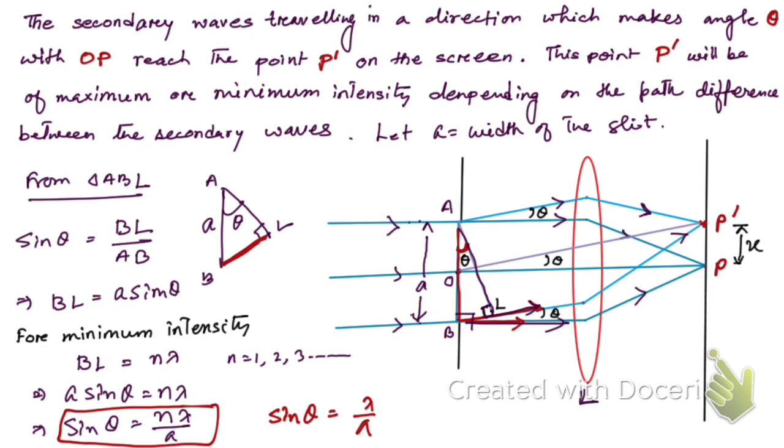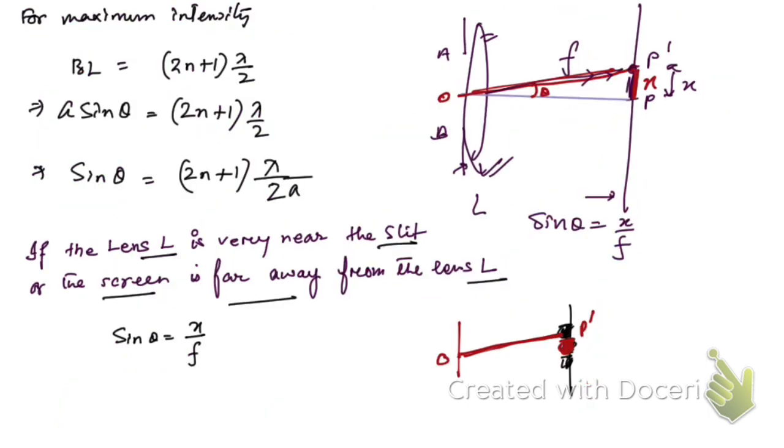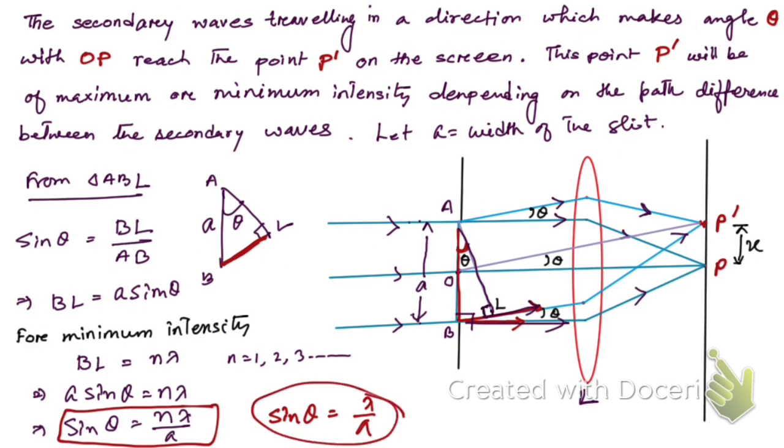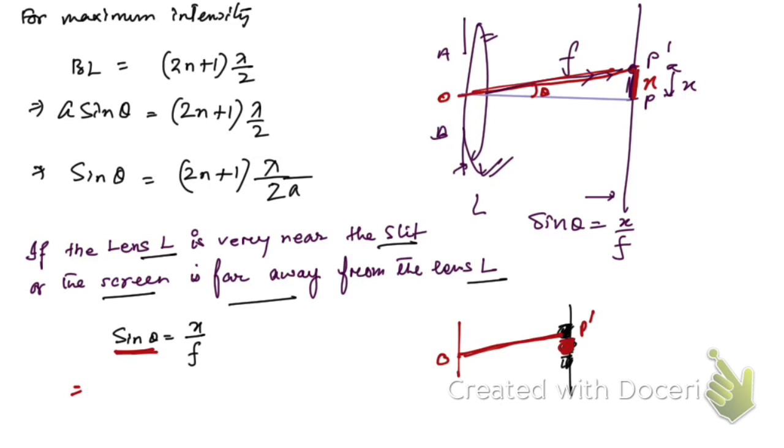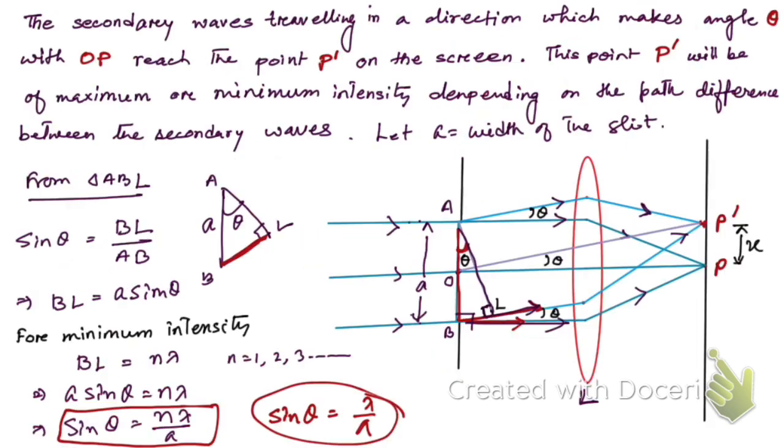Now here we can replace this sine theta by this value, so then the next step is lambda by a is equal to x by f. So hope you have understood this.